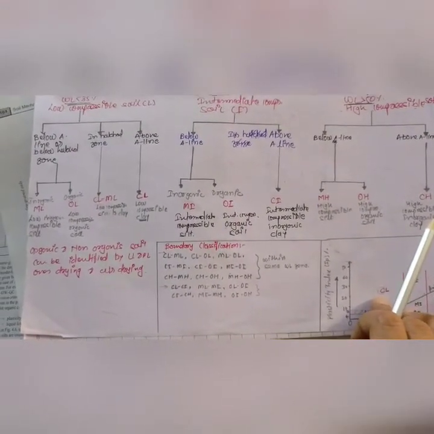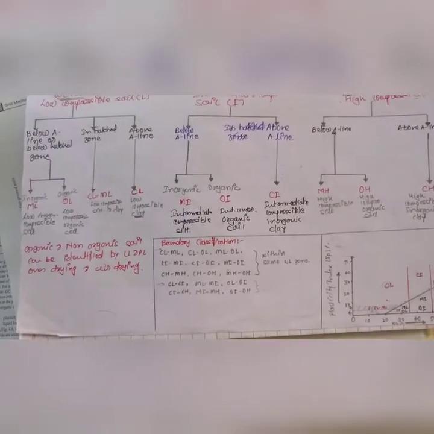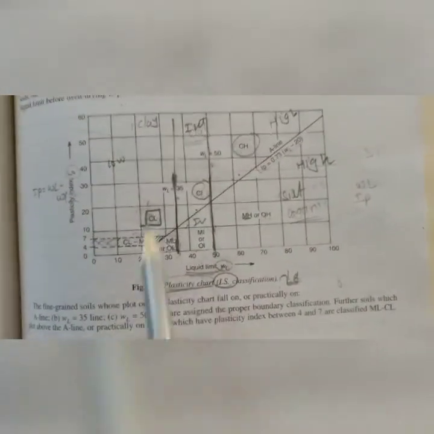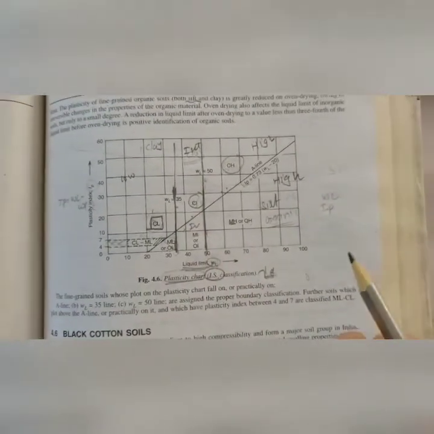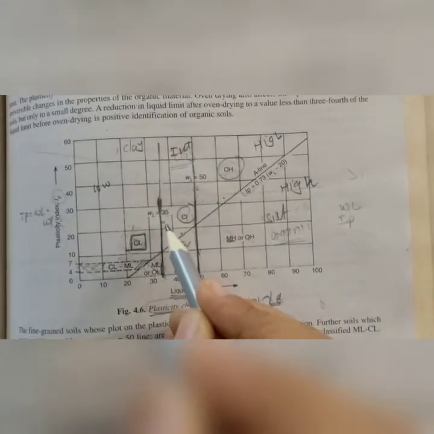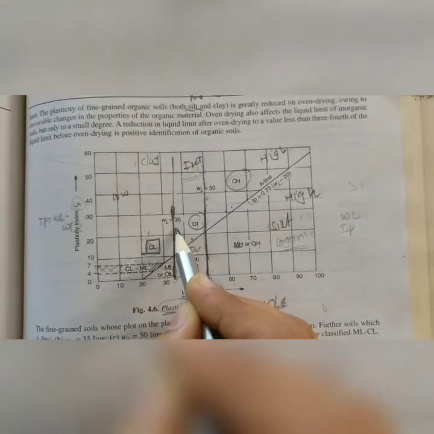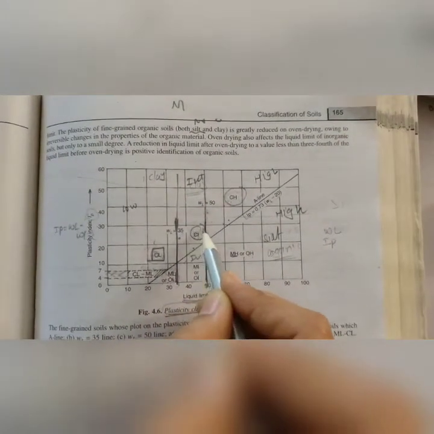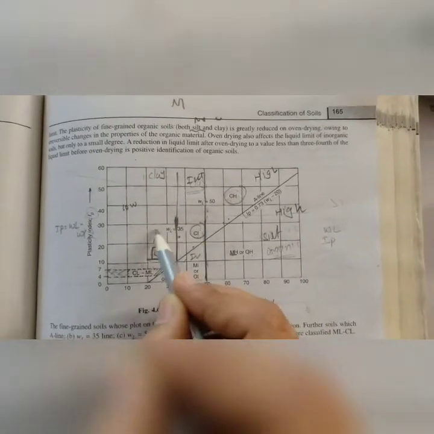Understood? Then if the point of bifurcation of liquid limit and the plasticity index is lying near the A line or near the bifurcation line, it is said to be a boundary classification. Say for example, my point is somewhere here. The bisecting point is somewhere here, so the soil can be of CI and CL type.